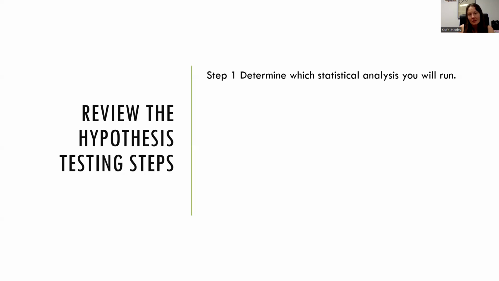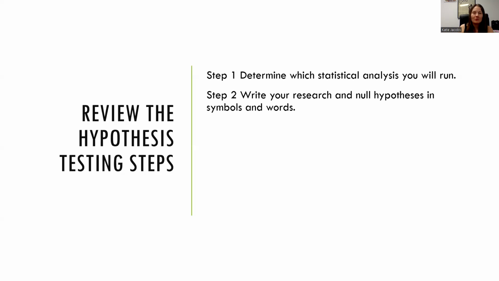Our first step is to determine which statistical analysis to run. What's step two? Step two, you will write your research and null hypotheses in symbols and in words. What's step three? Step three is checking your assumptions to make sure you can run this analysis. Then what's step four?